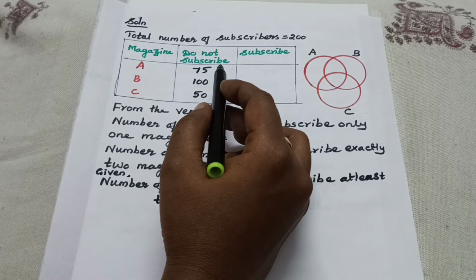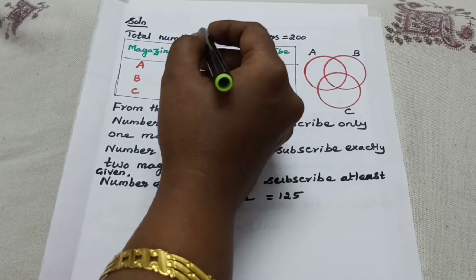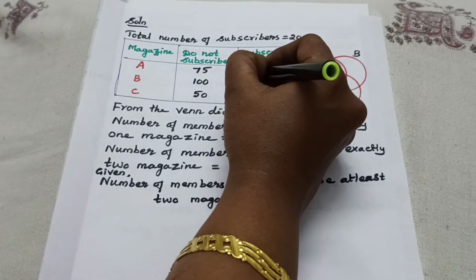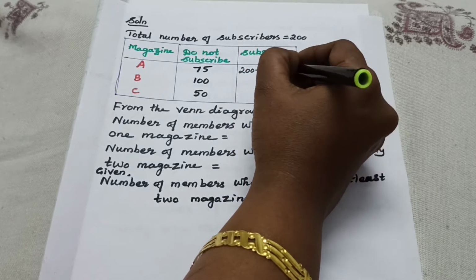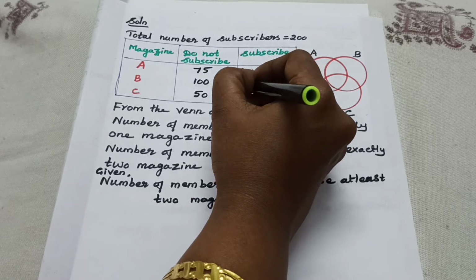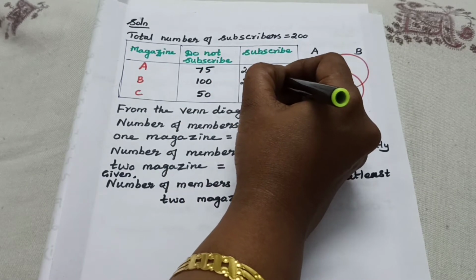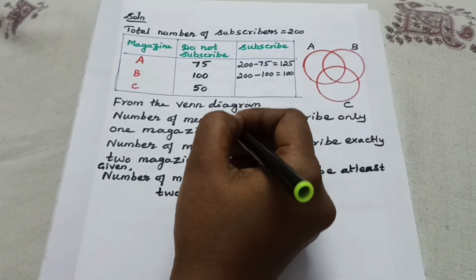Do not subscribe only is given here. Total number of subscribers, how much? 200, isn't it? From here we have to subtract. 200 minus 75 is equal to 125. Then next one, B: 200 minus this 100, subtract, then we will get 100.